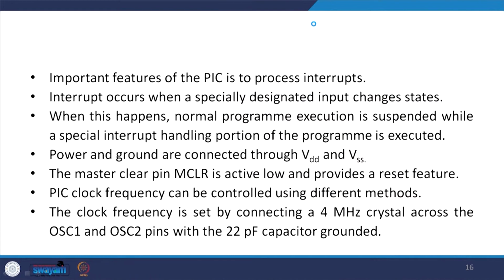An important feature of PIC is to process interrupts. Interrupts occur when a specially designed input changes states, and when this happens the normal program execution is suspended while a special interrupt handling portion of the program is executed. The power and ground are connected through VDD and VSS ports.